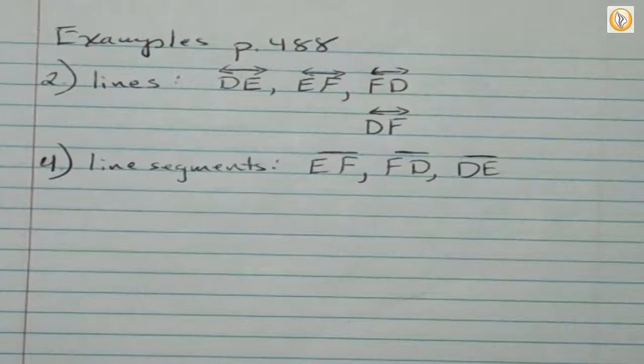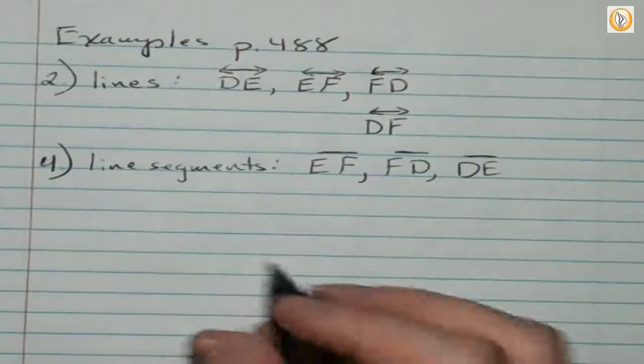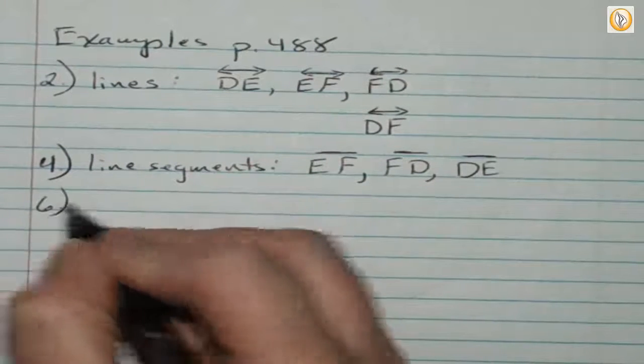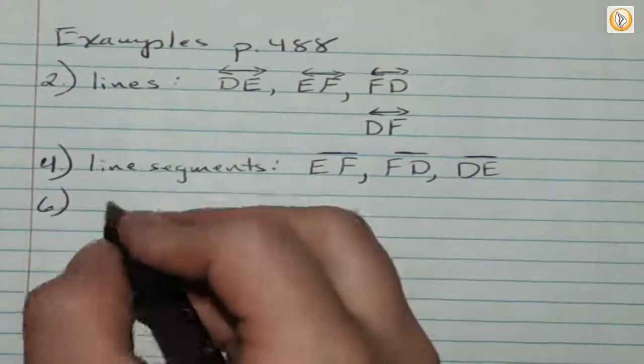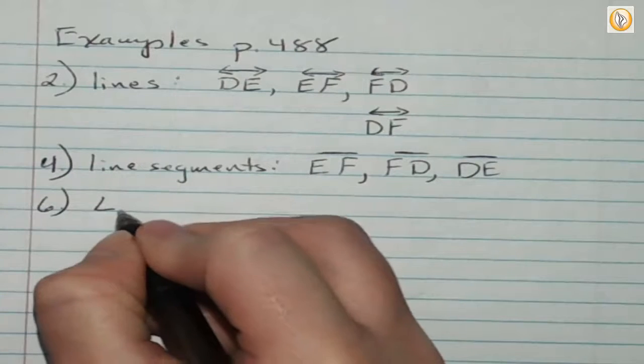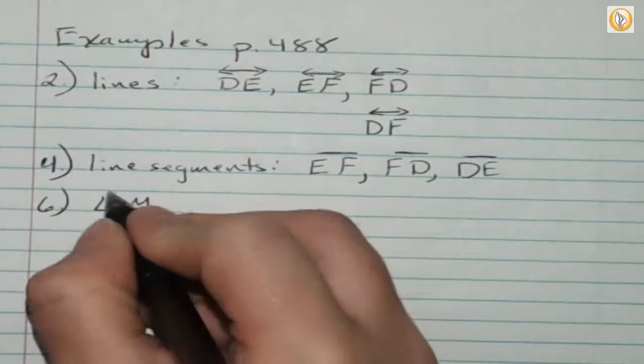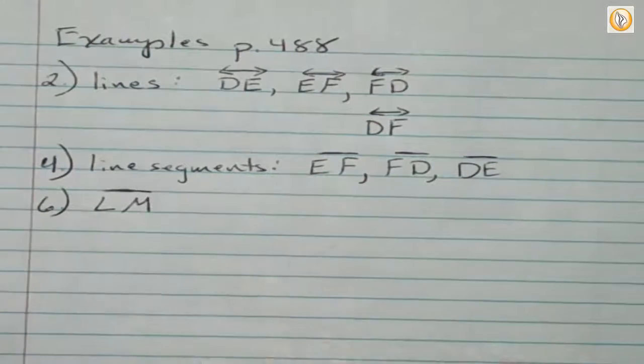All right, let's look at 6. It says, draw and label the following geometric figures. So what would that be? Gabby?